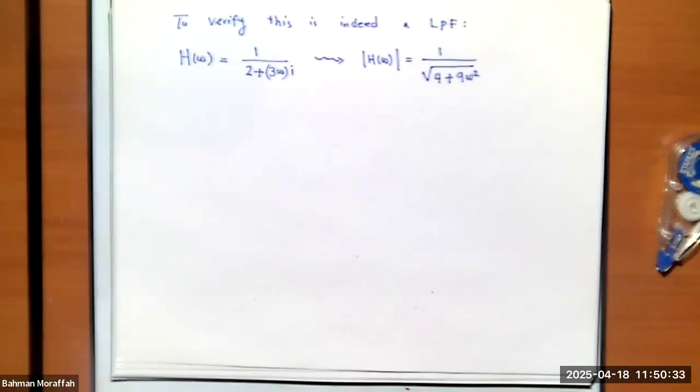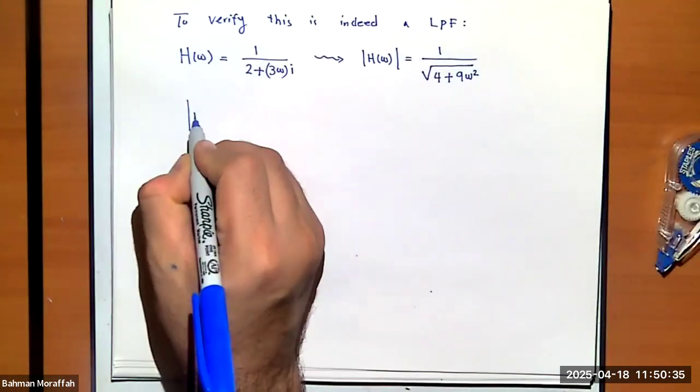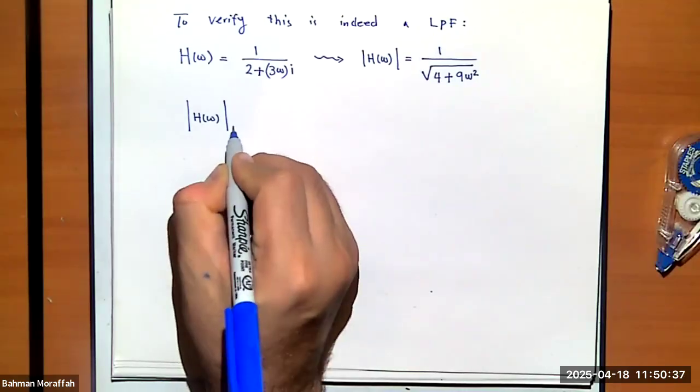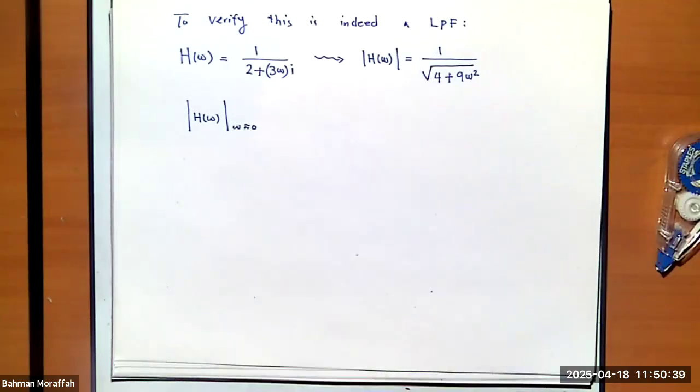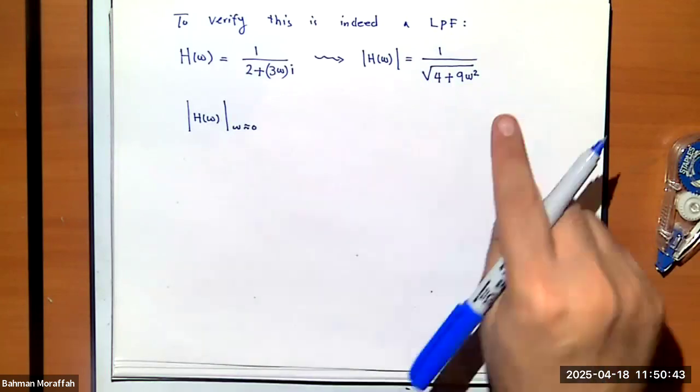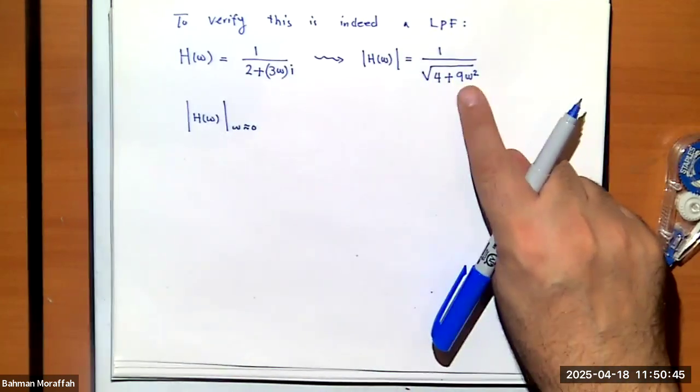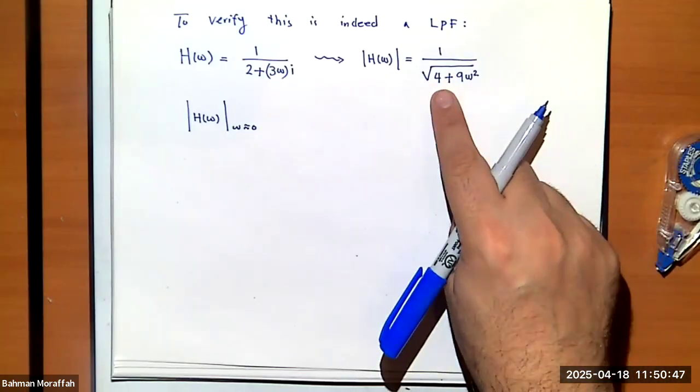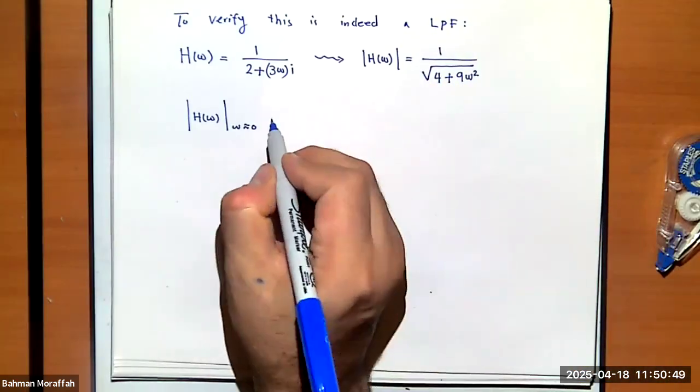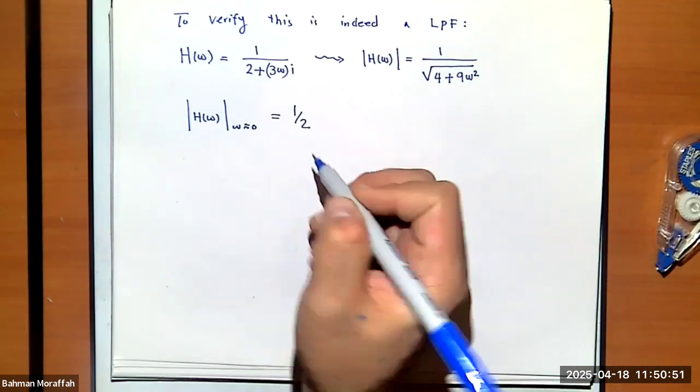Now I'm going to take a look at H of omega when omega is zero. If omega is zero, this term is zero. So I have 1 over the square root of 4. So this thing is 1/2.